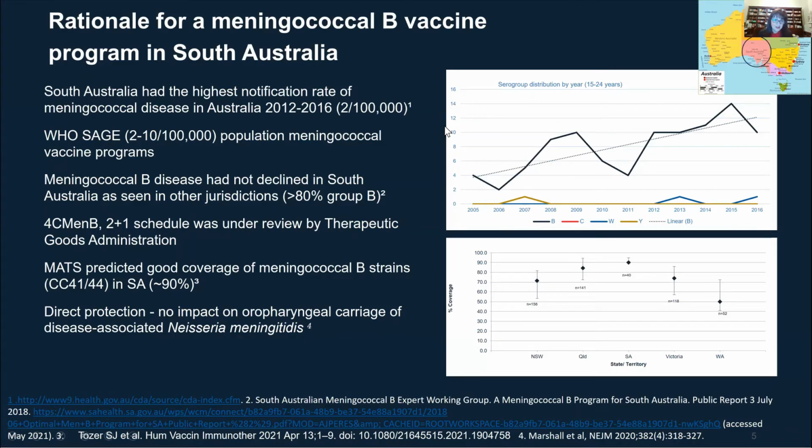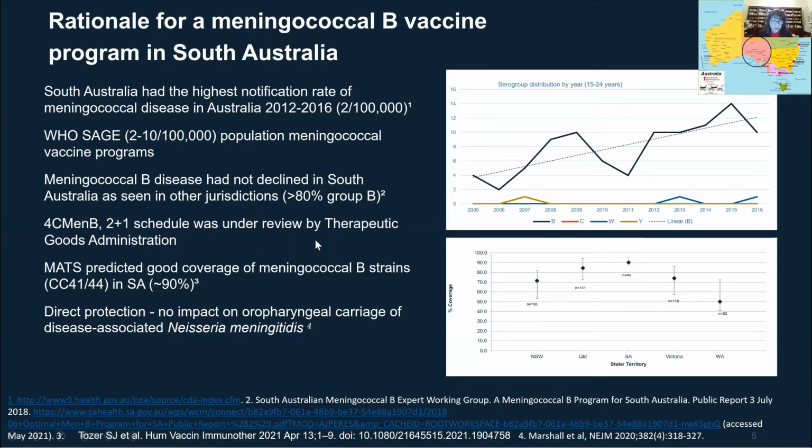We had the highest notification rate of meningococcal disease in Australia, and had so over the last 5 years. And WHO SAGE actually recommends that if you're getting to 2 to 10 per 100,000 endemic disease, you should start thinking about whether you should introduce a meningococcal vaccine program.